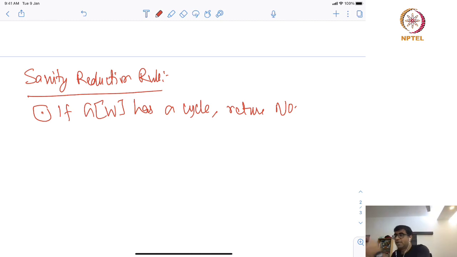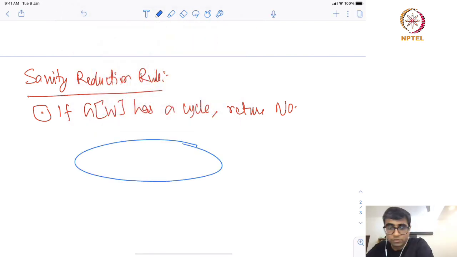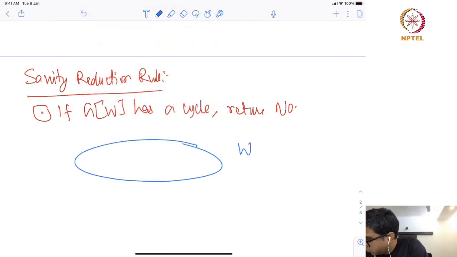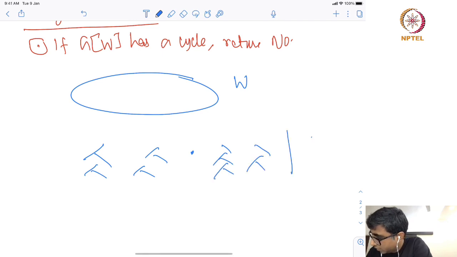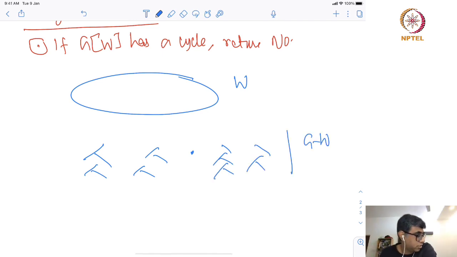So in that case we can immediately return no. The world looks like W, and this is G minus W, let us call it H, which is a forest, and I have drawn a forest for you.